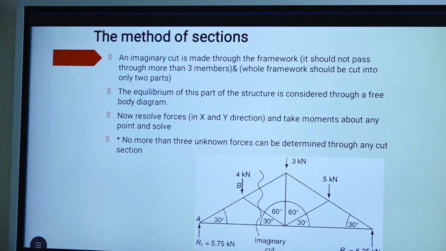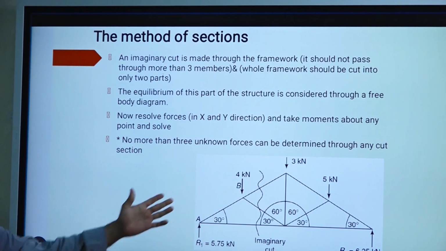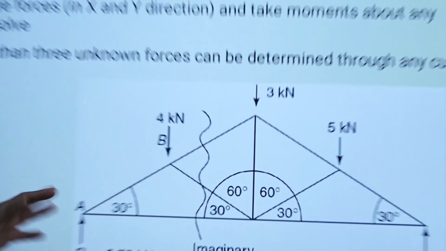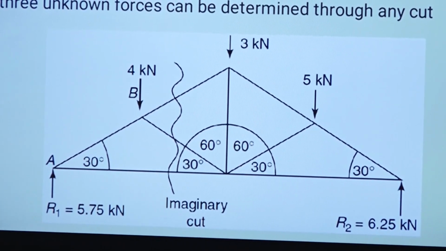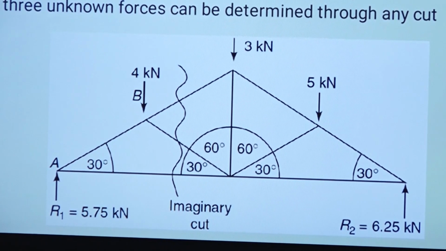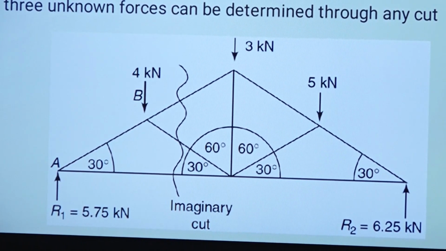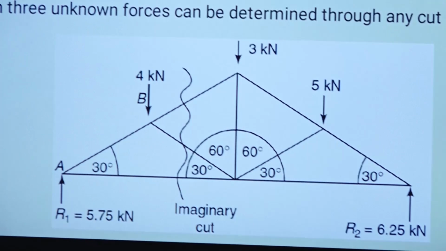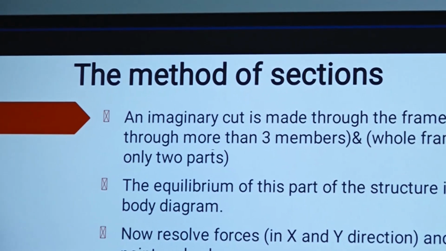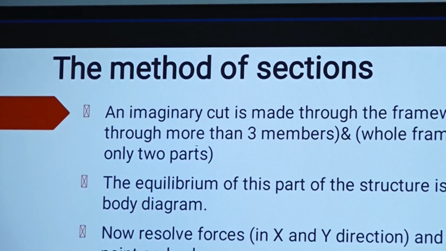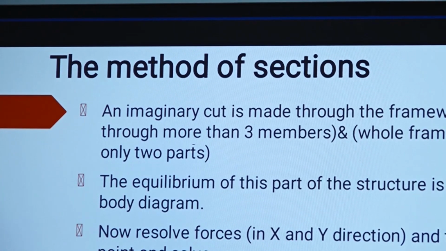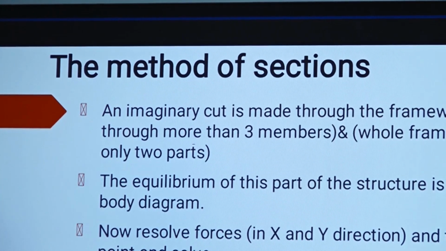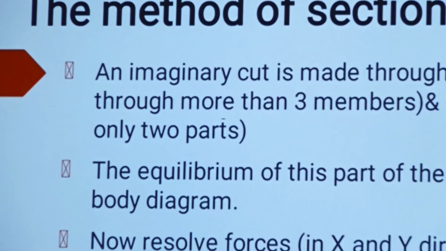If a problem is very big, like this, as you can see there are many links and it is somewhat complicated, in that type of problem we use the method of sections, and sometimes we use the method of sections together with the method of joints. We use both methods in a single problem, then only will we be able to solve it very fast, right? If you use only one method, you will be losing your time.